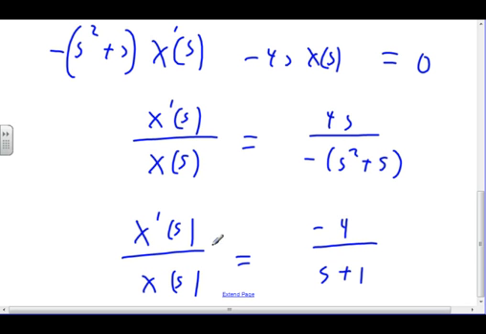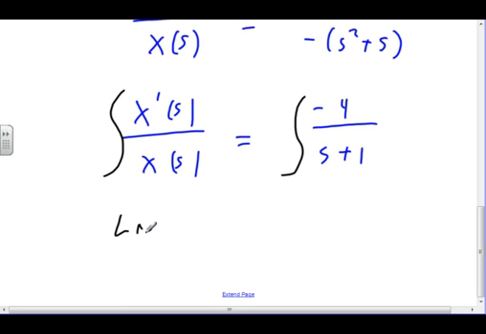I'm going to integrate both sides of the equation. I get natural log x of s is equal to minus 4 natural log of s plus 1.